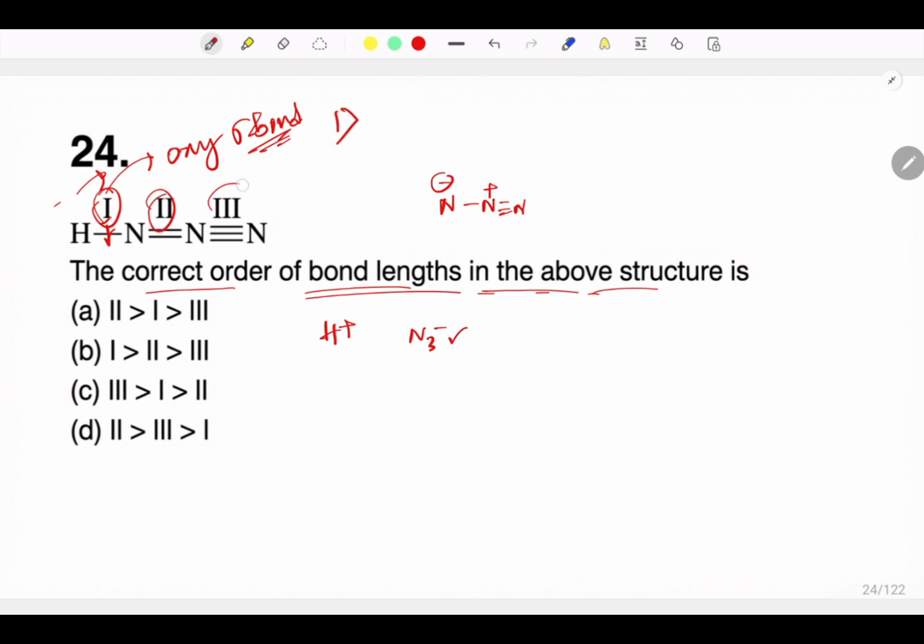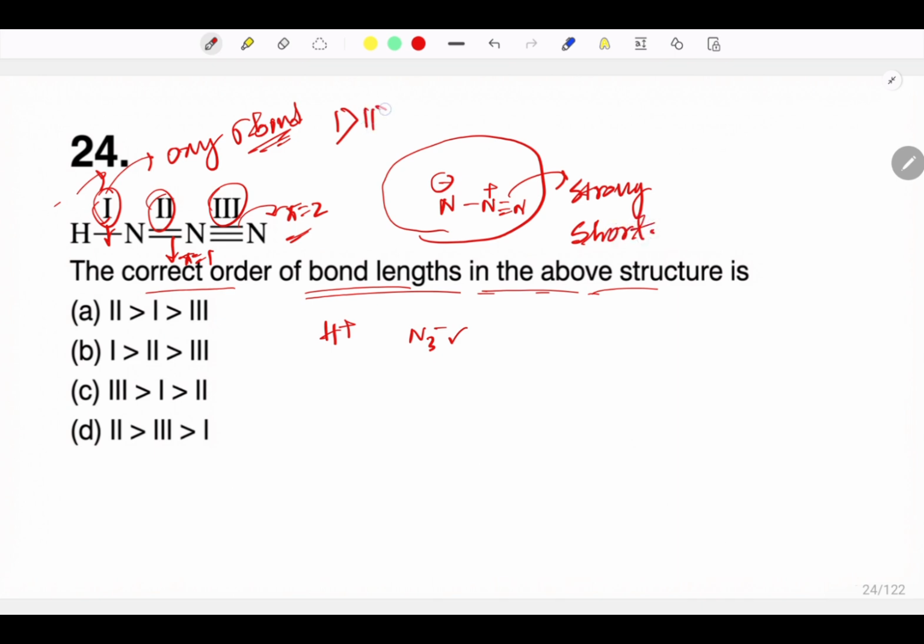Between 2 and 3, one can see that here the pi bond is 1 and here the pi bonds are 2. Accordingly, and from the other resonance structure as well, this bond is strong and short. So that's why the second bond length comes next and then the third bond length. So the correct option will be B.